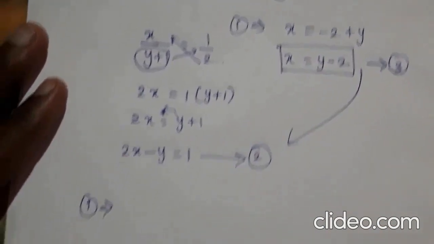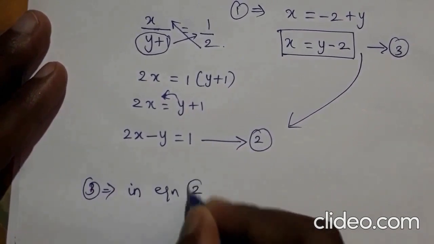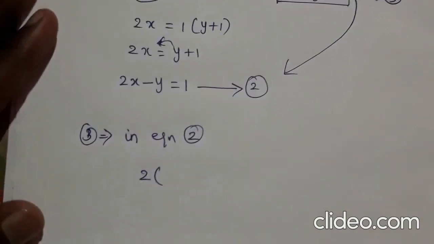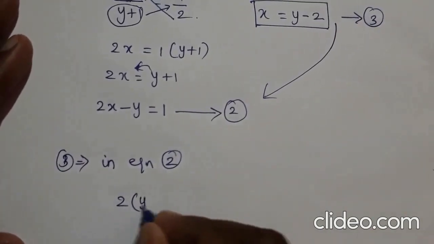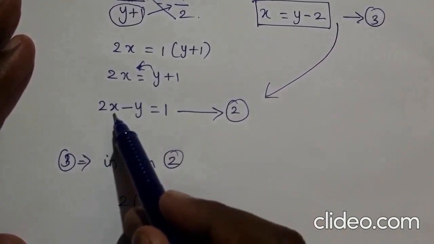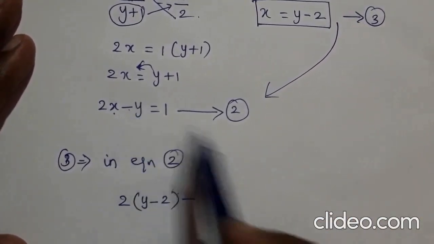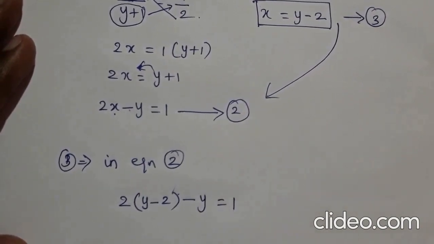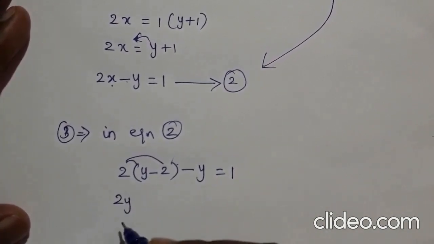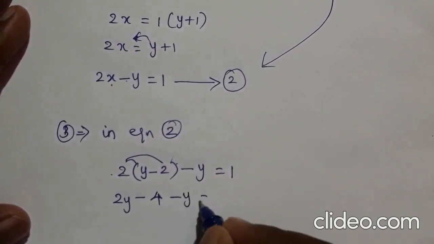So what will you get? 2 in the place of x, we can substitute y minus 2, minus y is equal to 1. Now just multiply with each other: 2 into y, 2y, plus into minus, minus, 2 twos are 4, minus y is equal to 1.